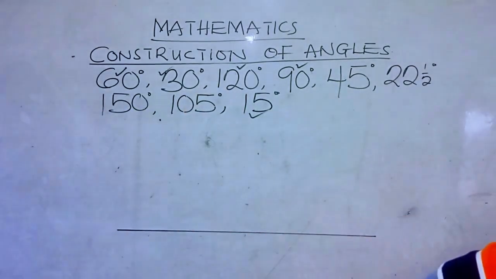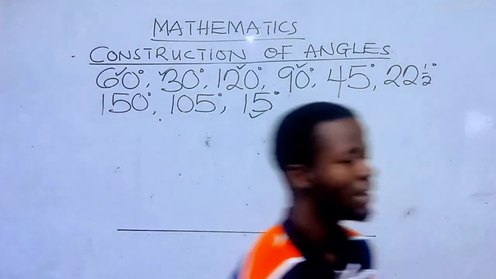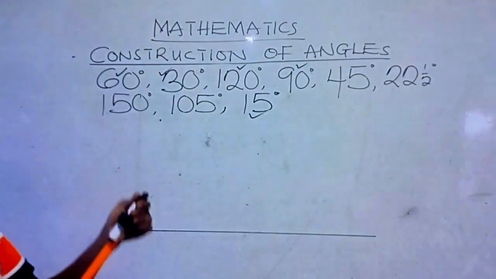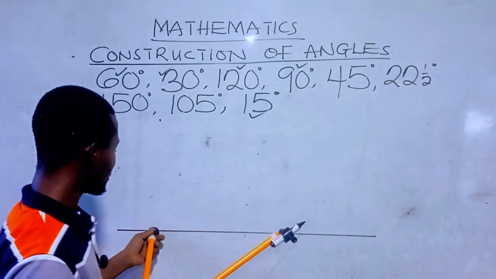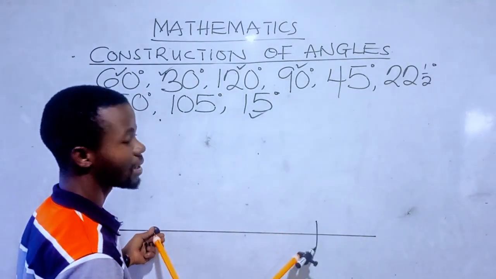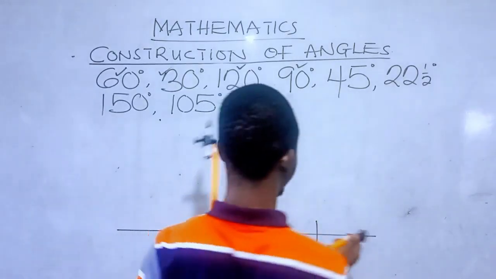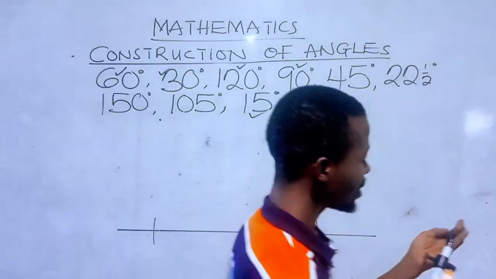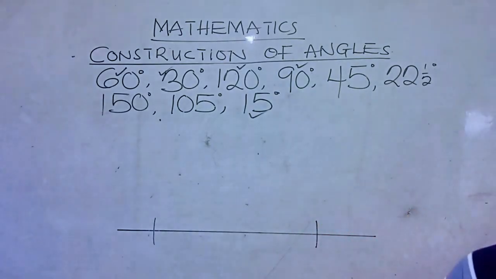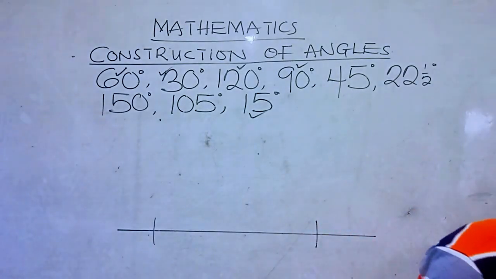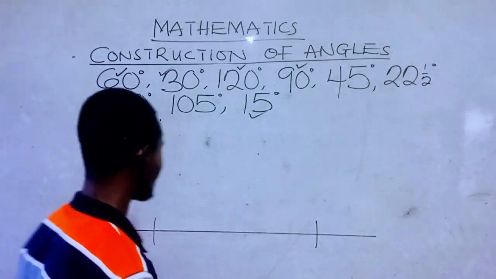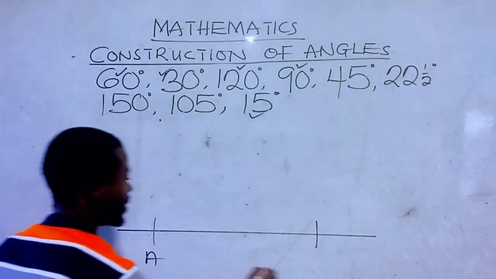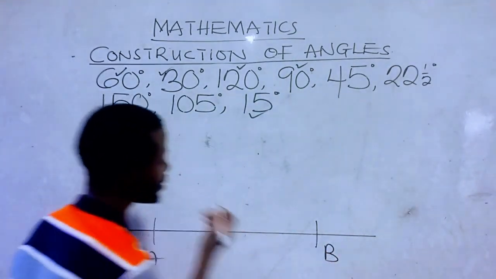I'll measure the required length, let's say 5 centimeters. I'll stand at one end and I'll make an arc. I'll stand on that arc and make another arc. Then I will name my line segment. My line segment, let's say A, and let's say this is B.